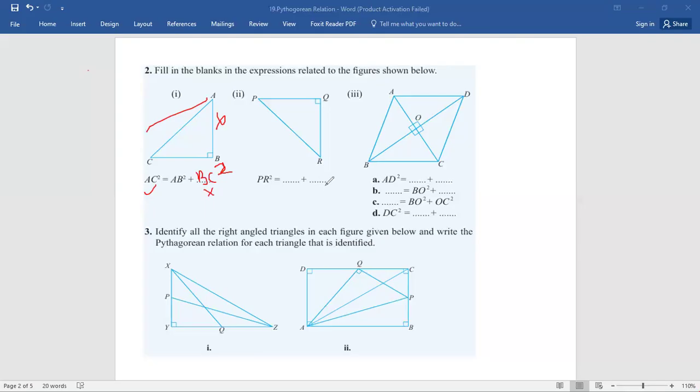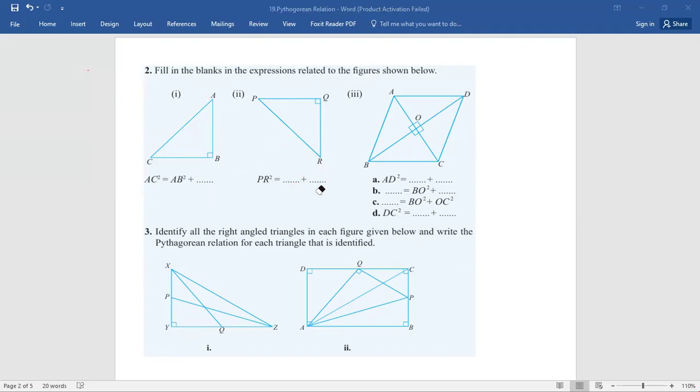No. QP plus QR, so that is not the full answer. PR squared, PQ squared, QR squared. The power 2 is essential, right? So those two are okay.